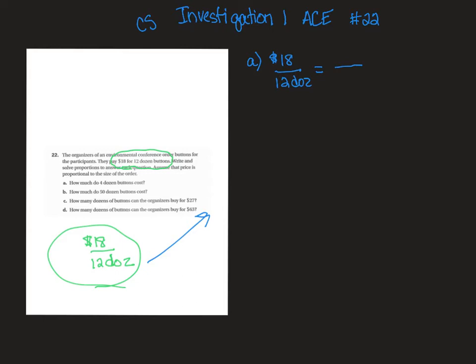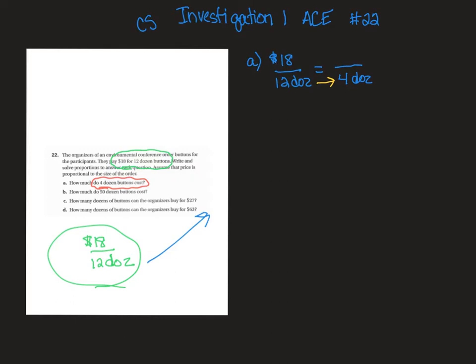And now I look back here at A. So it says how much will 4 dozen buttons cost? Okay, so I know that I'm going to have 4 dozen. So I go back over here. I'm looking, where is that label? That's at the bottom. 4 dozen. Okay, so I'm checking this. So dozen, look at this. Dozen, that matches. Okay.